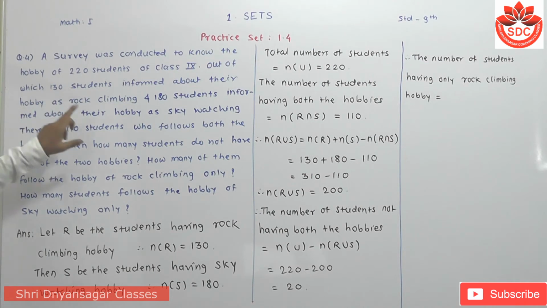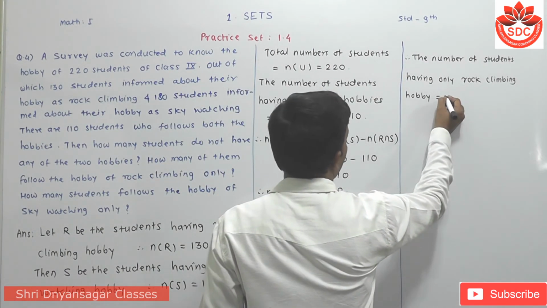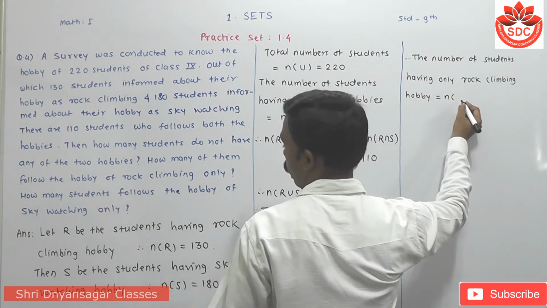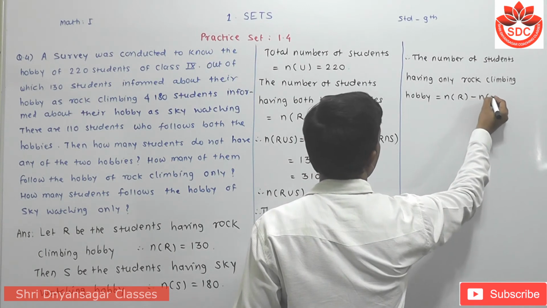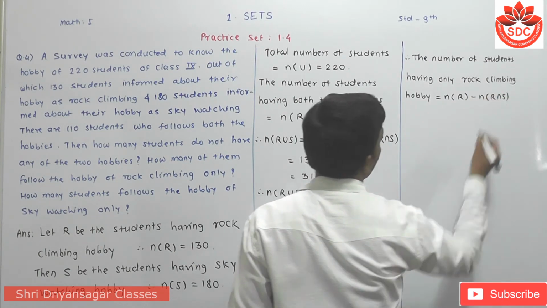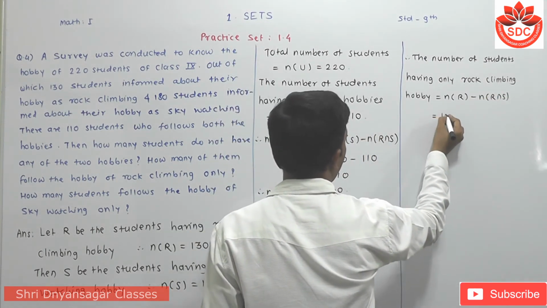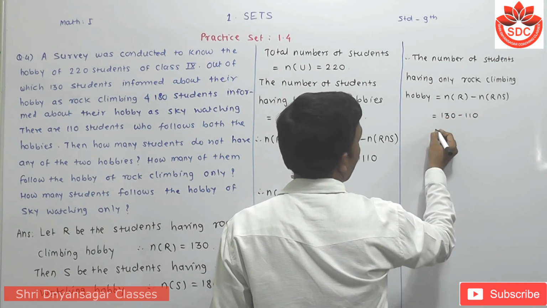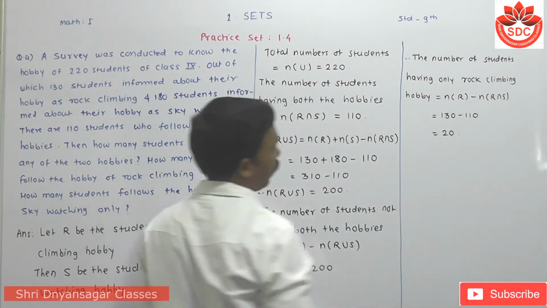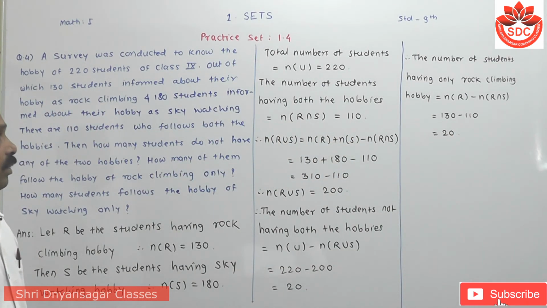Out of this, both hobbies are 110, so we take the formula n of R minus n of R intersection yes. That means n of R is 130 minus 110, which is equal to 20 students who have only one hobby, which is rock climbing.